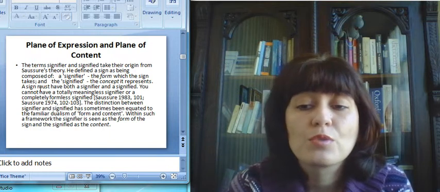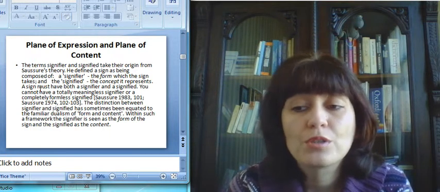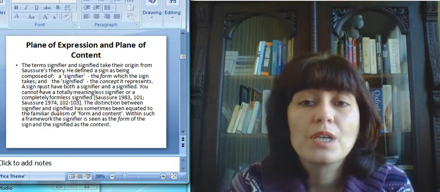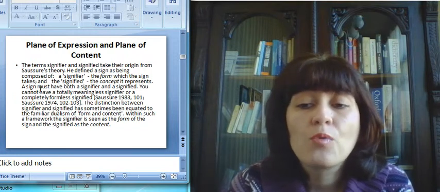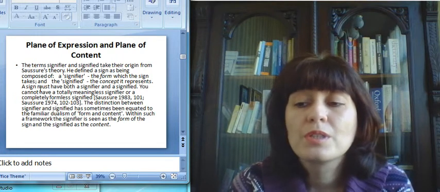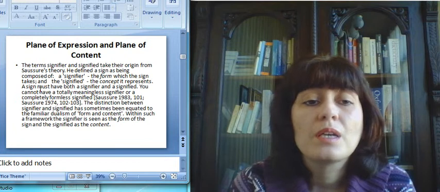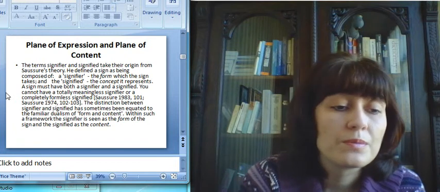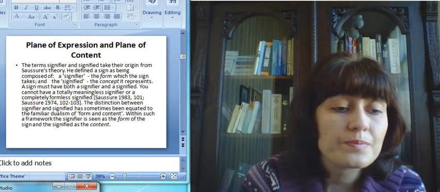So Hjelmslev offered a framework which facilitated analytical distinctions. He referred to the plane of expression and content, Saussure's signifier and signified, and he enriched this model. His contribution was to suggest that both expression and content have substance and form. Thus there are four categories: substance of expression, form of expression, substance of content, and form of content.